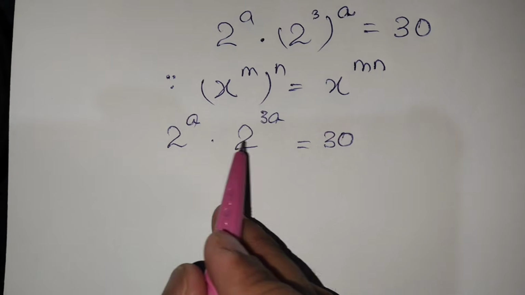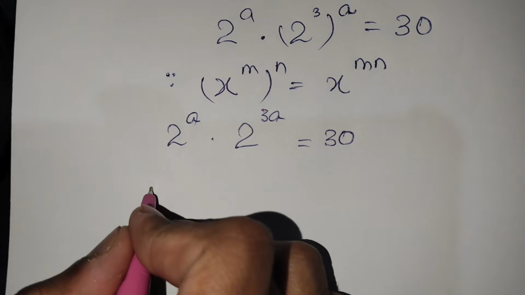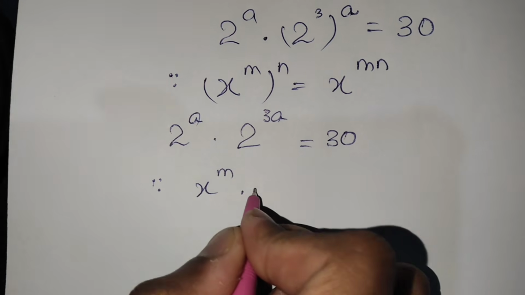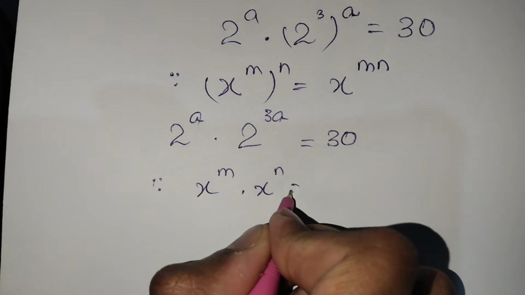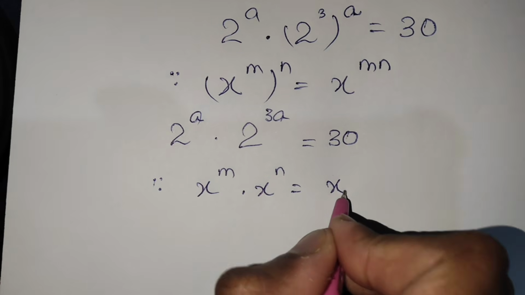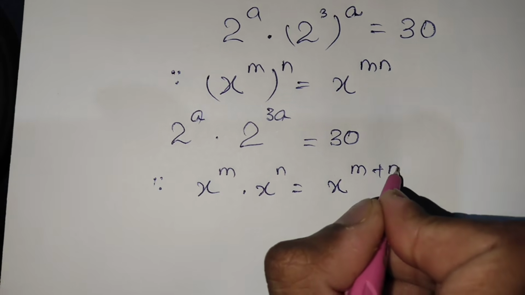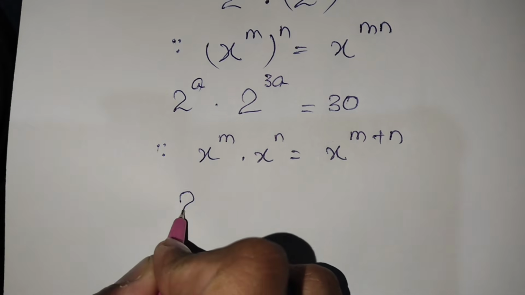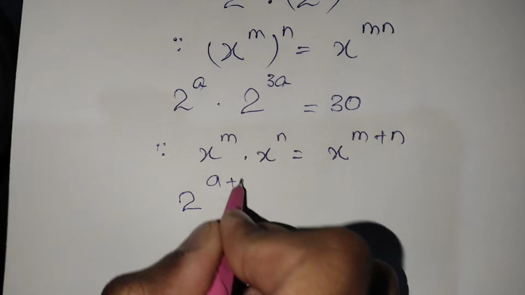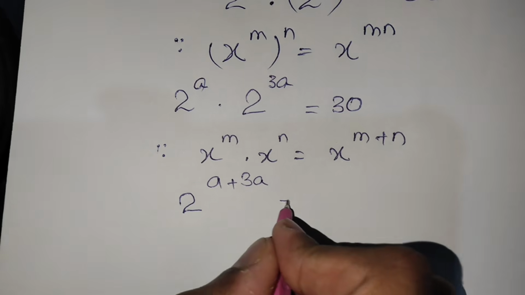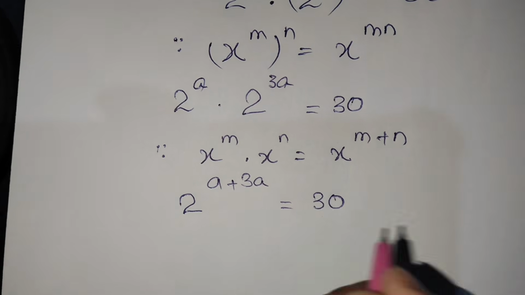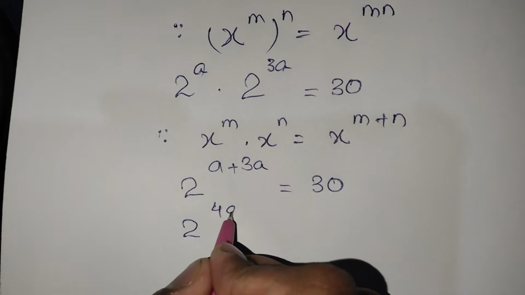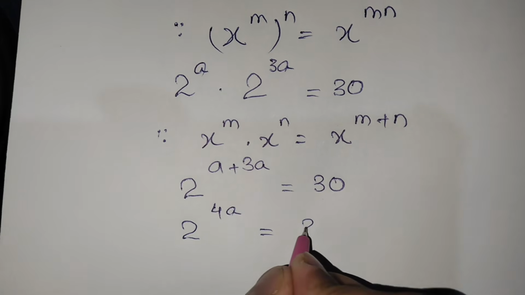Now these have the same base, so the exponents will add, because x power m times x power n can be written as x power m plus n. So this will be 2 power a plus 3a equals 30. It will be 2 power 4a equal to 30.